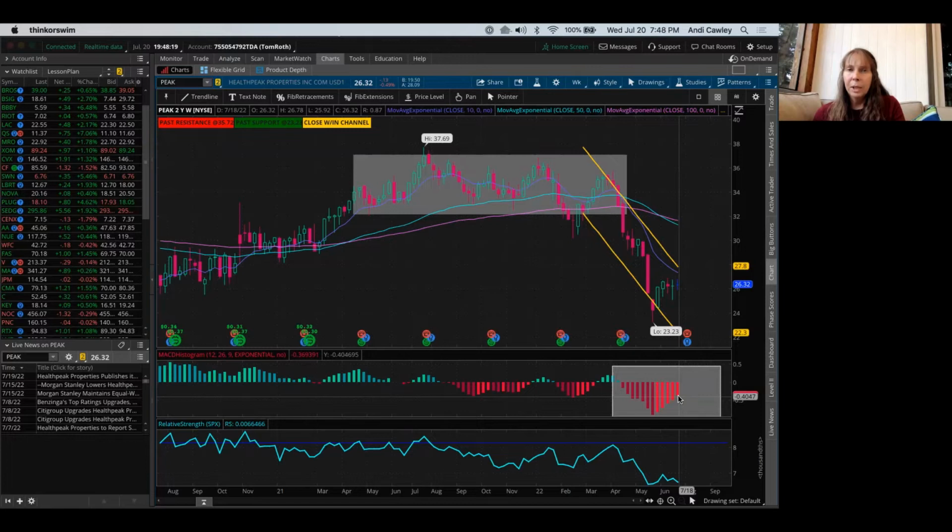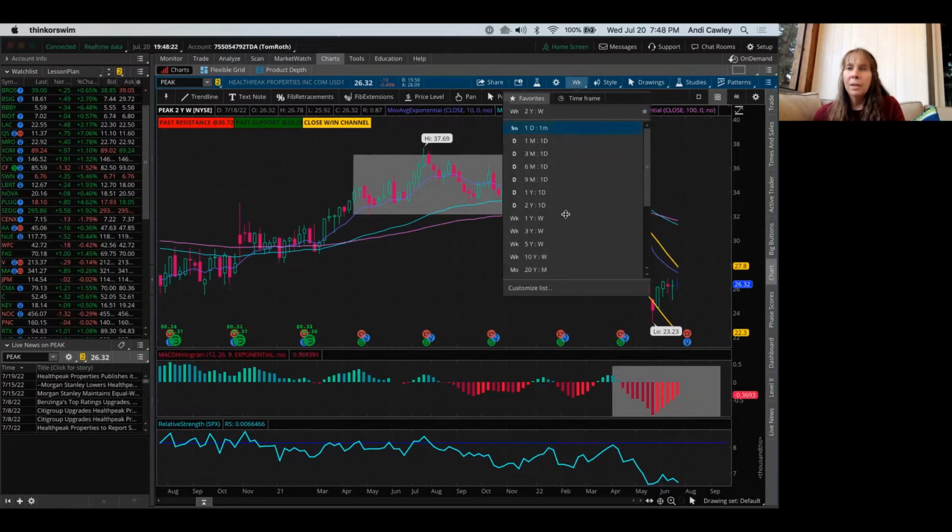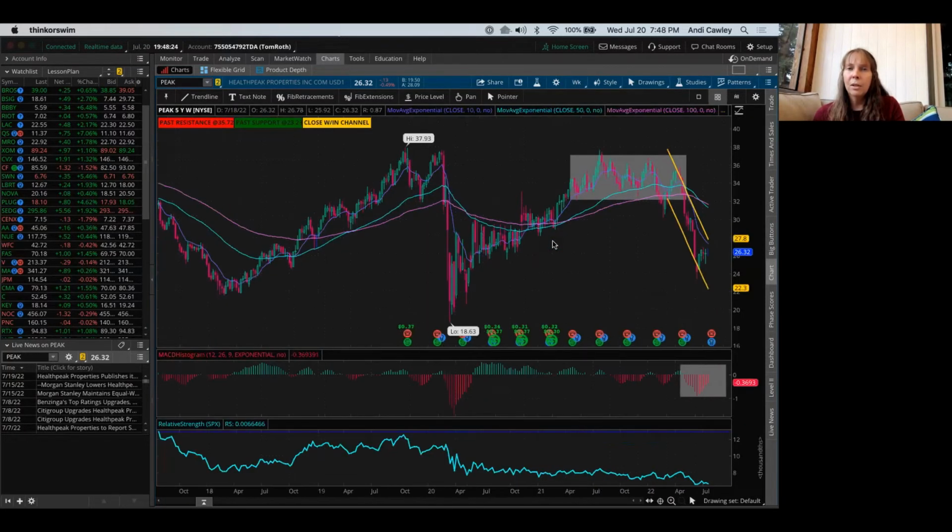So, I don't know. Let's look at a bigger picture. So they have fallen all the way down below 20. They could possibly continue to fall or just move sideways, and the momentum then could have its opportunity to shift for a while.